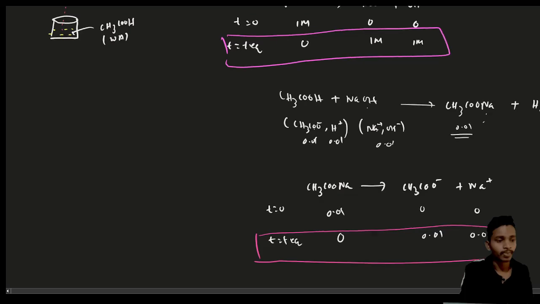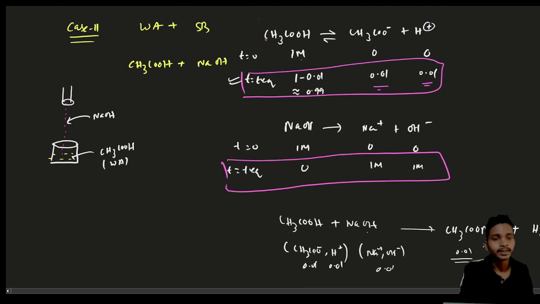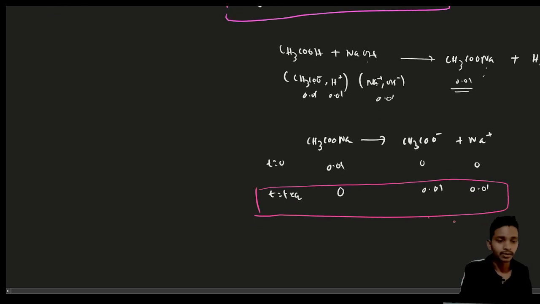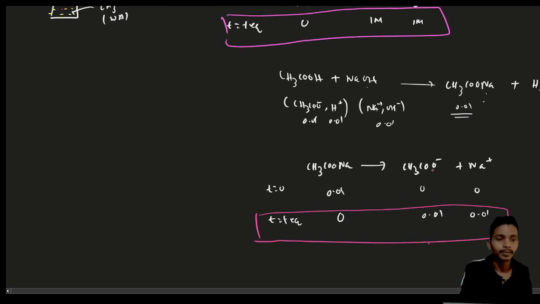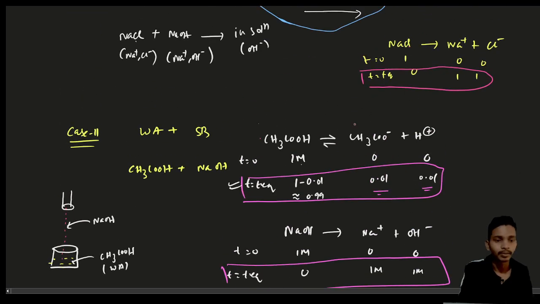So if you notice, acid is there, and at the same time this is also there. Then we see this and this have common ions.